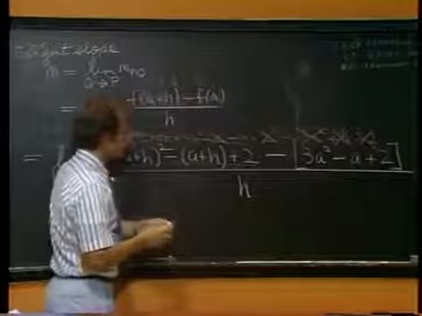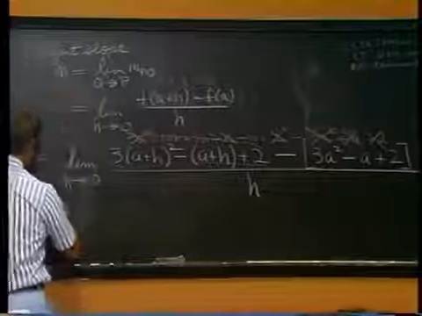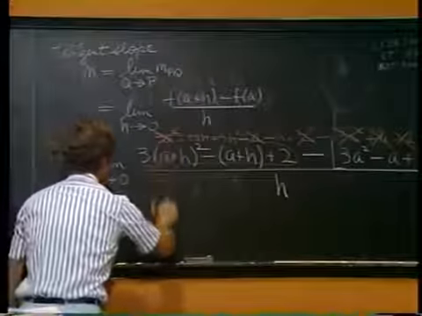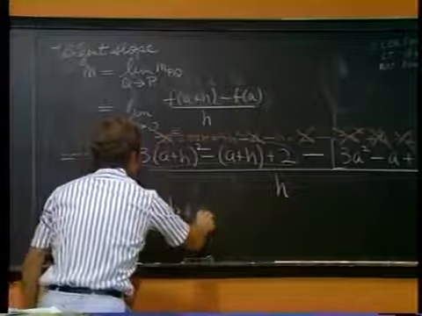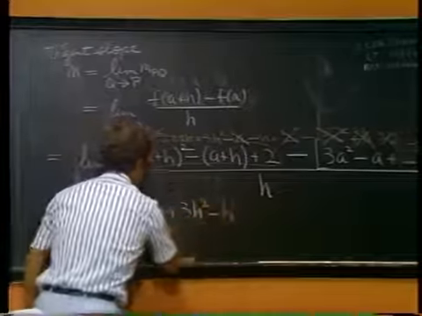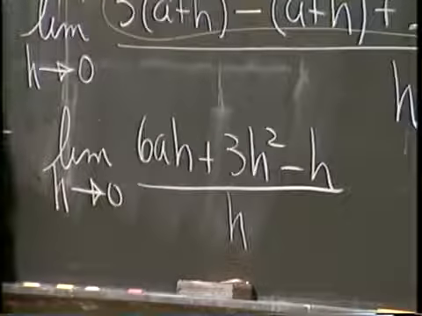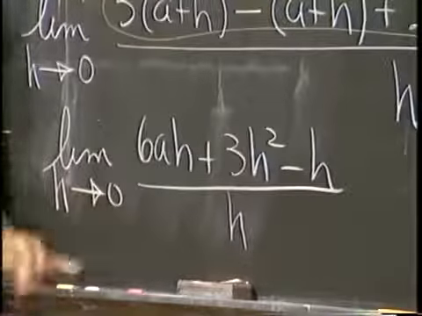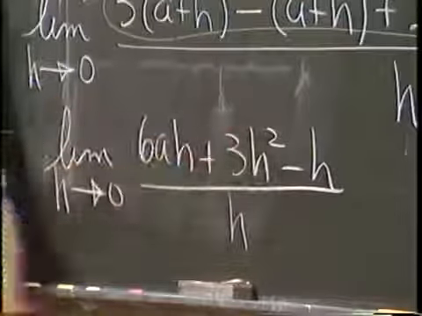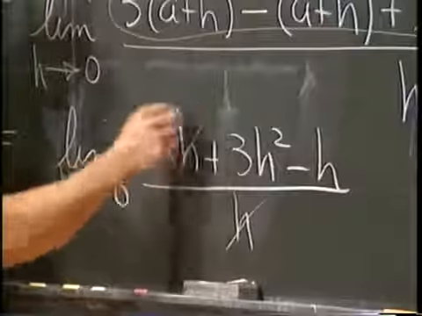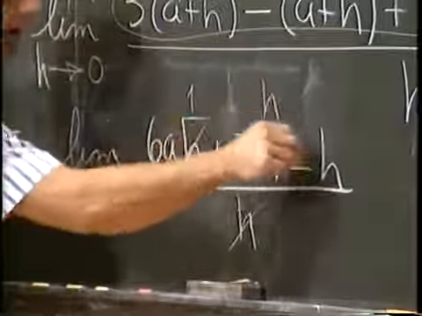So what we're left with is the limit as h goes to 0 of 6ah plus 3h squared minus h, that's all that's left on top, and an h in the denominator. And sure enough, just as I suggested, there is an h in every one of those terms, which you could cancel now because h isn't 0.